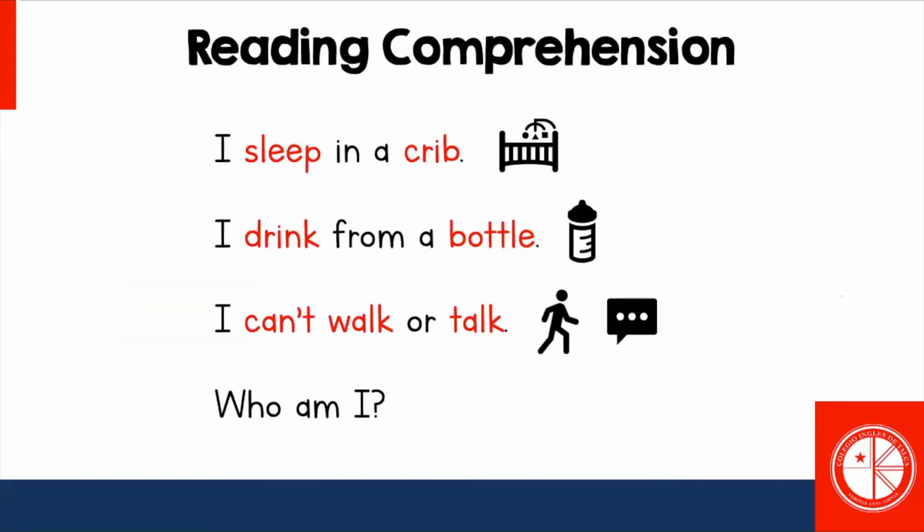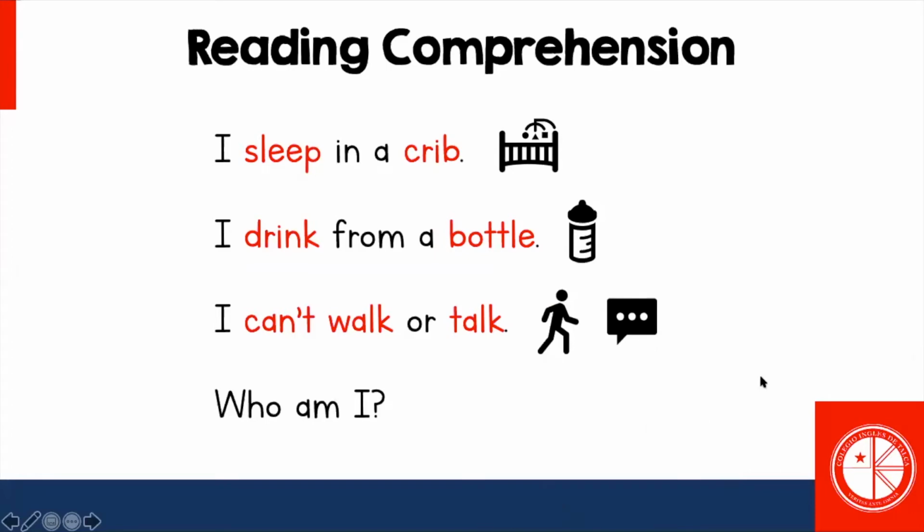Let's see the example that we saw in class. It says, I sleep in a crib. I drink from a bottle. I can't walk or talk. Who am I? Then I have the question, who am I? We already know that who am I is asking about a person.